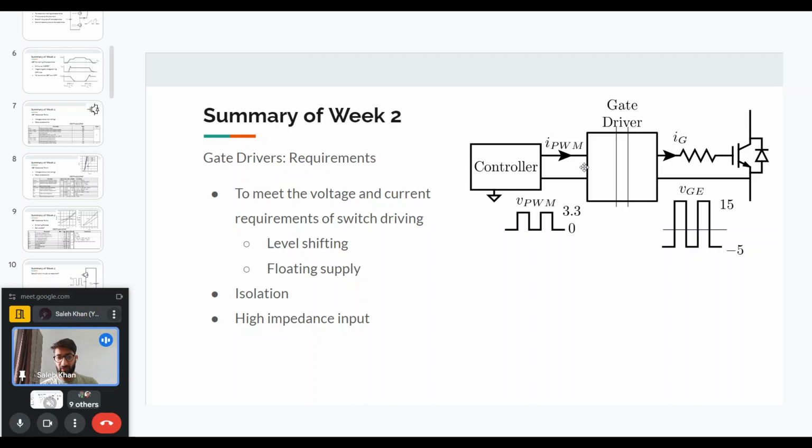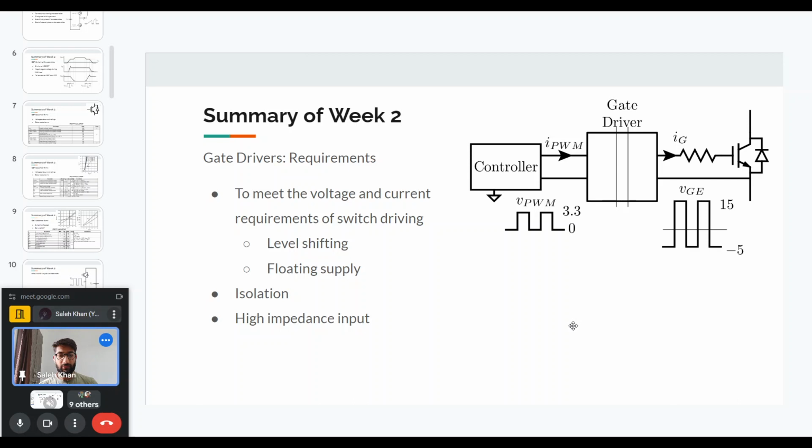So the gate driver should have high impedance input. That means it should not ask for very high currents. IPWM should not go to very high values. If you imagine an impedance or resistance here, it should be very high so that IPWM is restricted to low values.